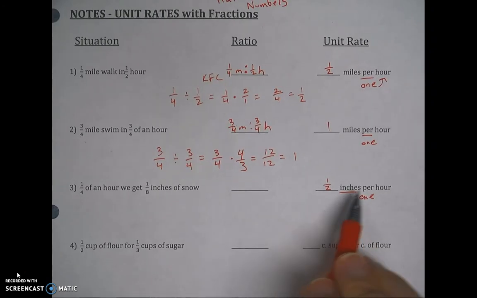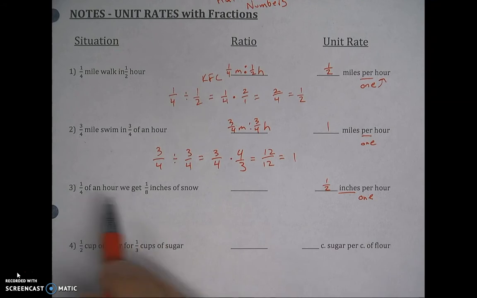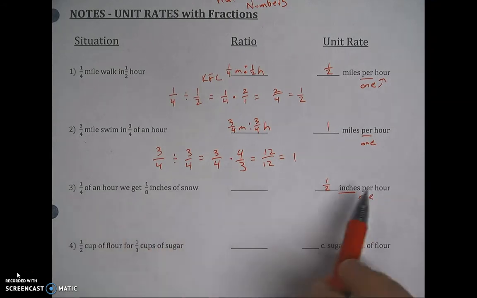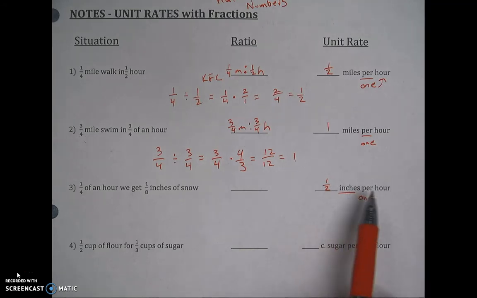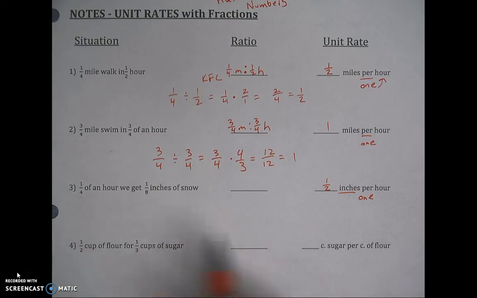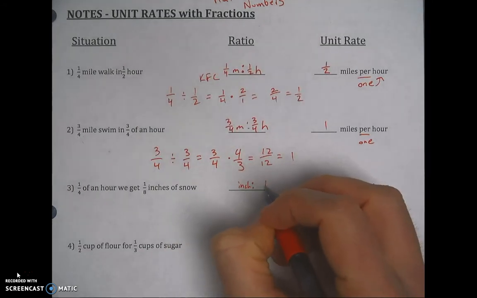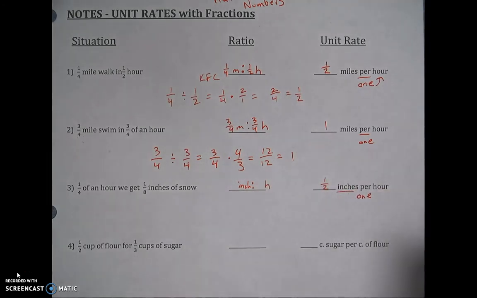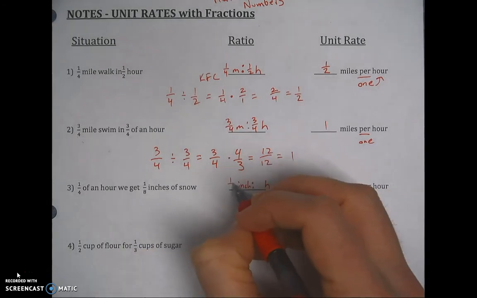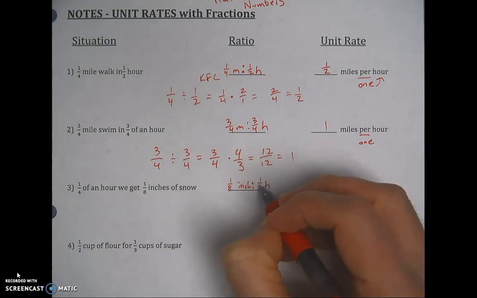So we want inches per hour. If we did it the other way around, we'd get hours per inch. How many hours does it take to get 1 inch? Which is useful information. But in this case, we want to know how many inches do we get in 1 hour. So the order matters here. Inches per hour. That's how you set it up. So the inches is 1/8, and the hours is 1/4.